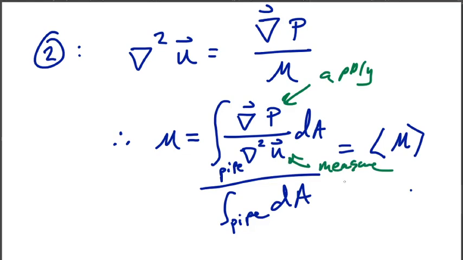You measure the u amplitude, and that gives you the viscosity of your fluid. And that's a simple empirical way to determine the viscosity of fluids with simple lab tools.